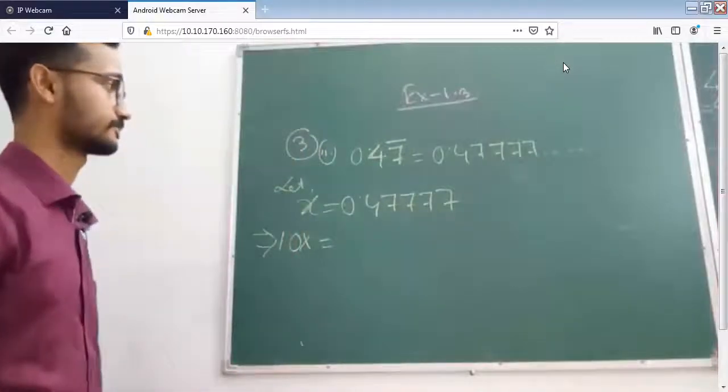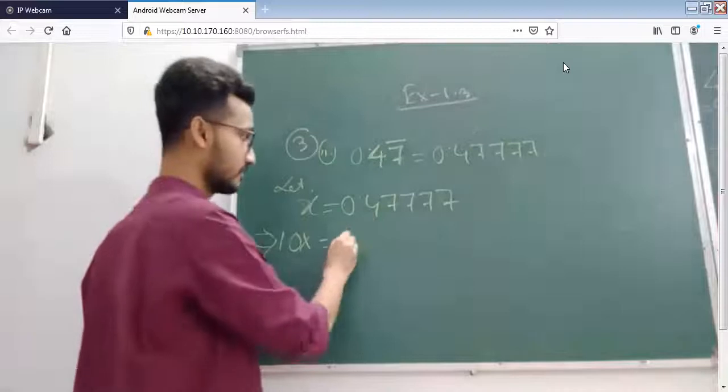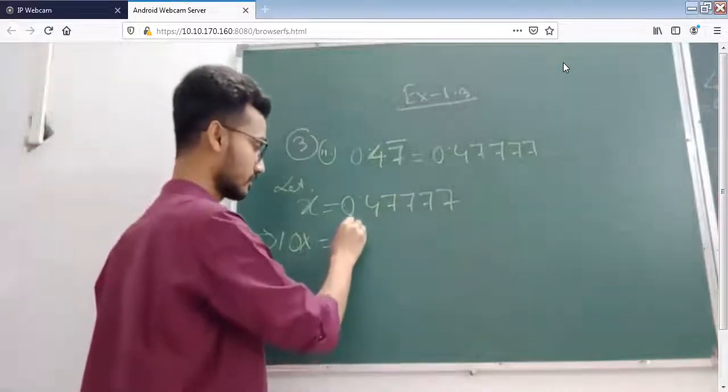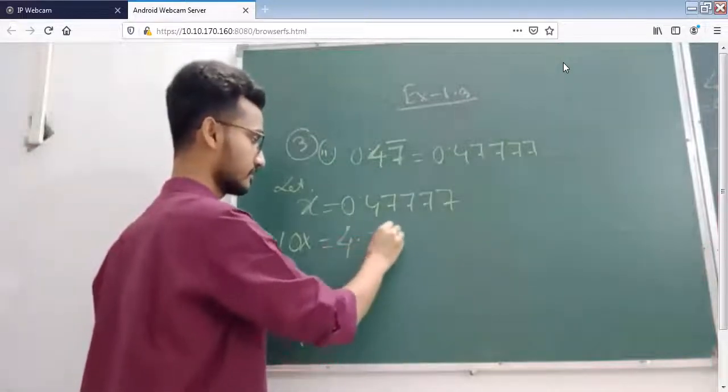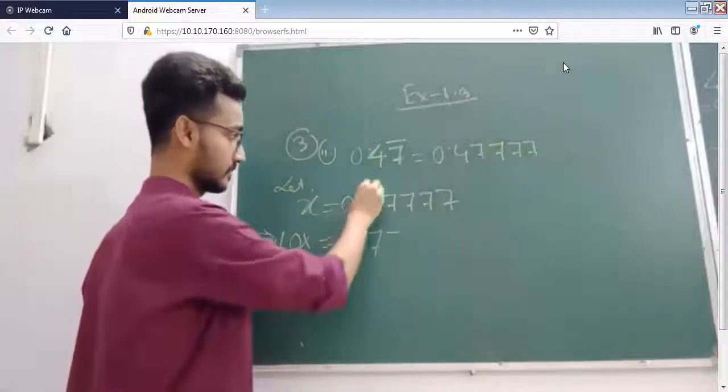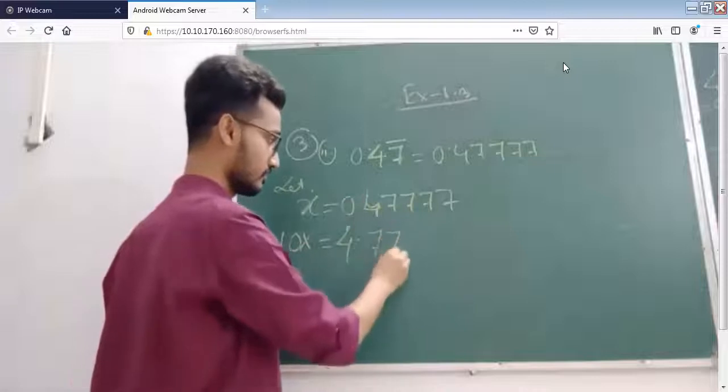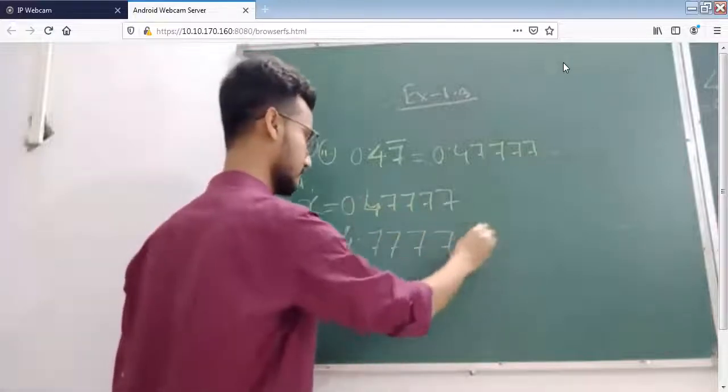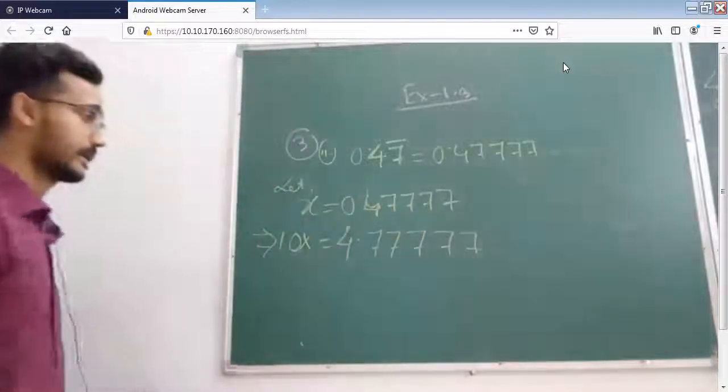So when you multiply this by 10, the decimal will move after 1 digit, so it will be 4.77777.